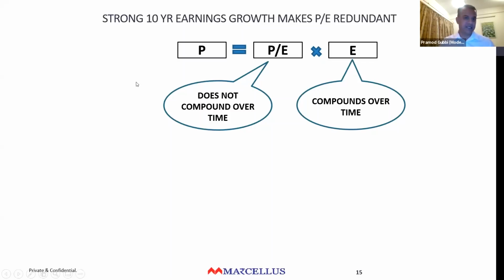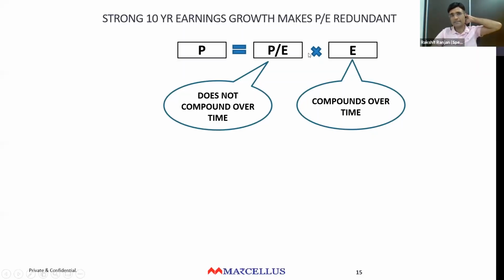Some of you might have seen this slide many times, but we can't emphasize enough how important it is to understand how unique our Indian market is. We're blessed with companies which we call consistent compounders, which have demonstrated that ability to compound their earnings irrespective of the starting point of the investment.